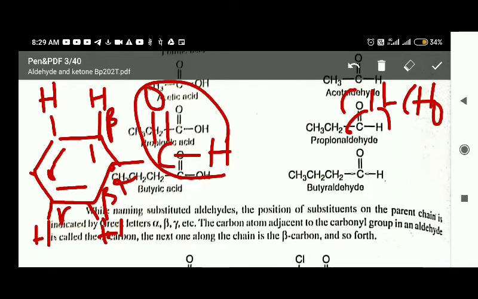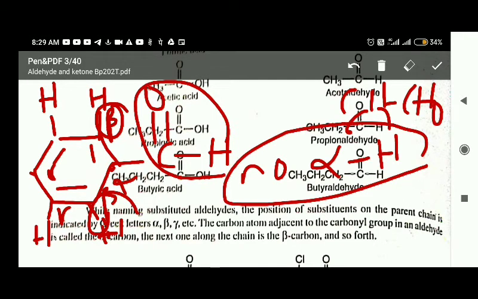So here alpha carbon is there but no alpha hydrogen. Here beta hydrogens are there but no alpha hydrogens. So this is again an example of a no alpha hydrogen containing aldehyde.